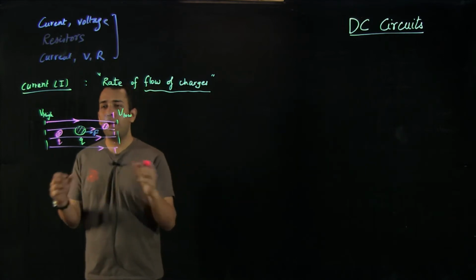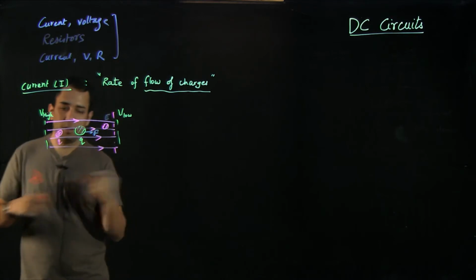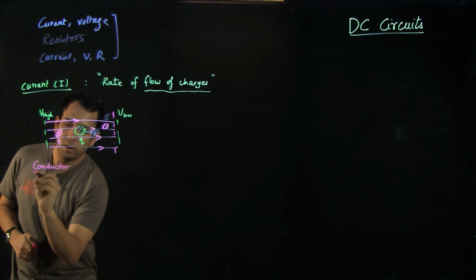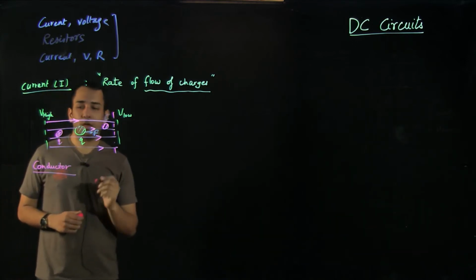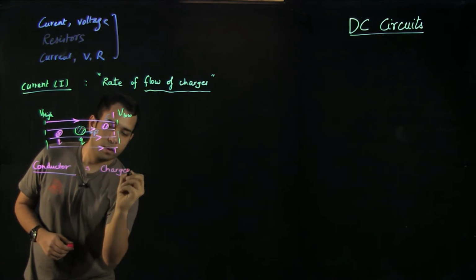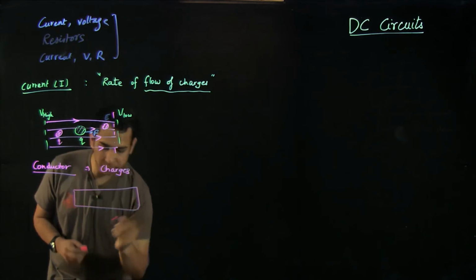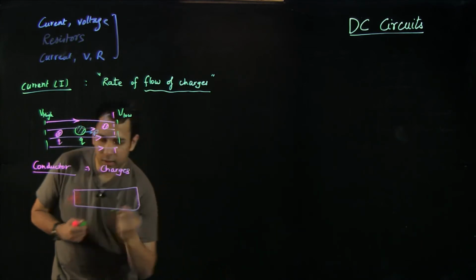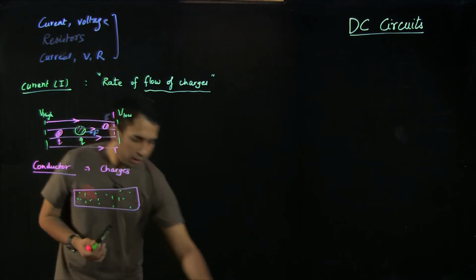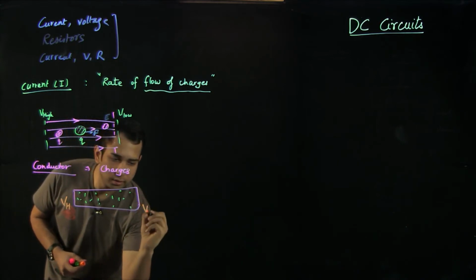Now let's go back and look at the macroscopic level of the whole setup. So let's say I have a conductor, and we know that the property of a conductor is that it has many charges inside it. I have applied a potential difference across its ends.